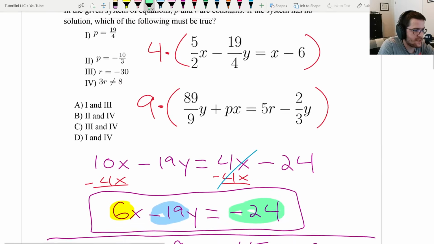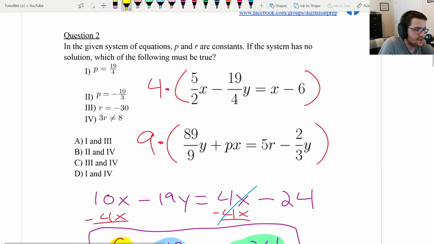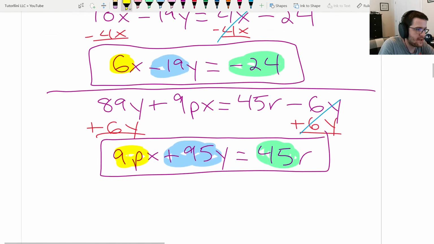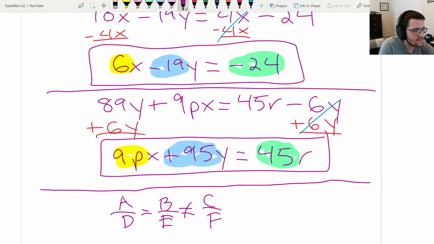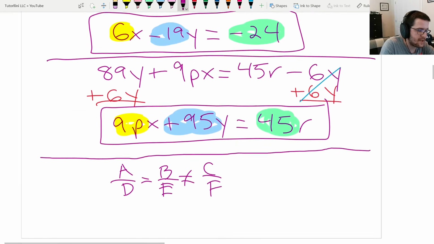And this question says it has no solution. So we're going to be doing A over D equals B over E is not equal to C over F. So let's do that.